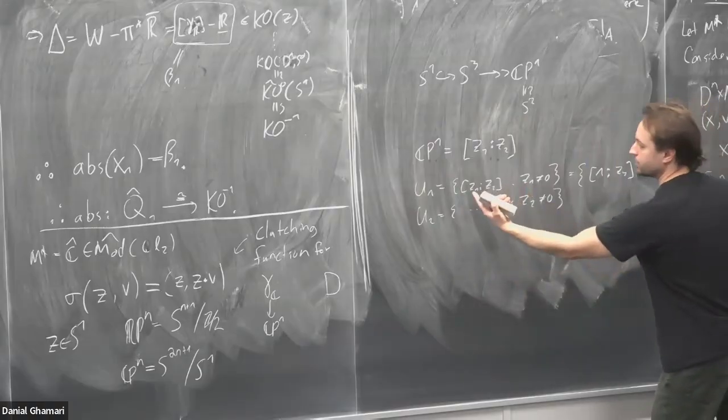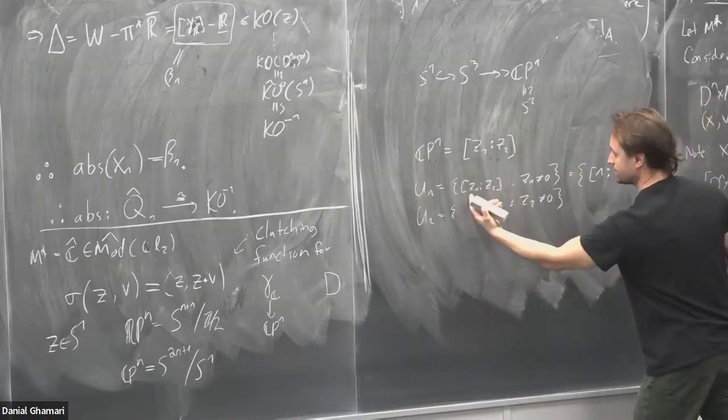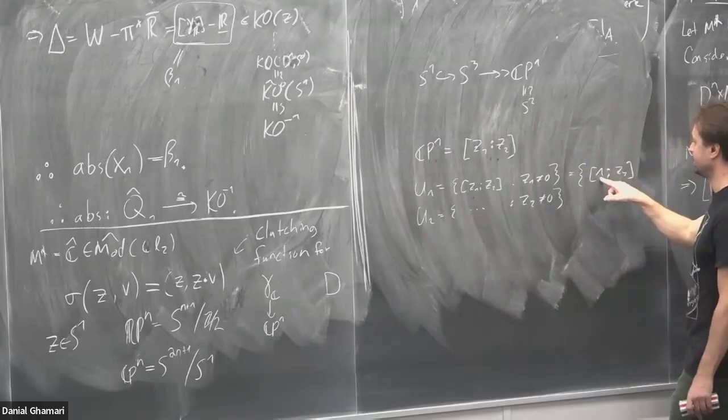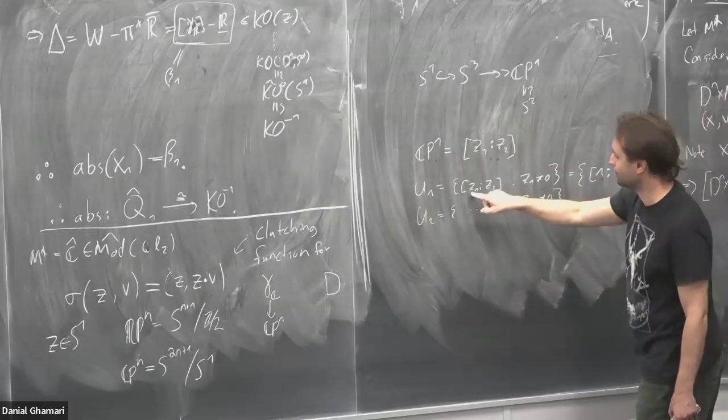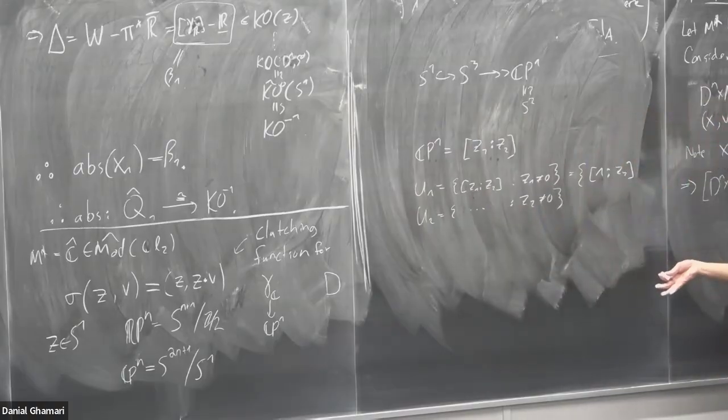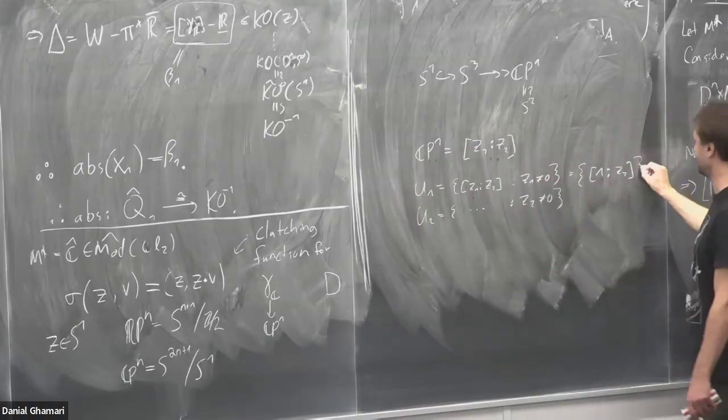So if V1 is not zero for all elements in the set, you can divide through by V1 and normalize all of them at once. You get this normalized chart.